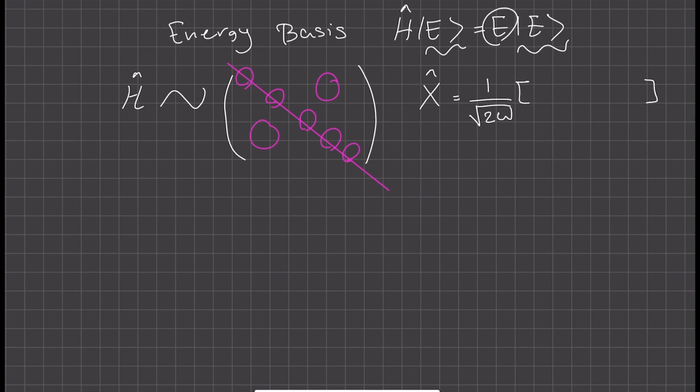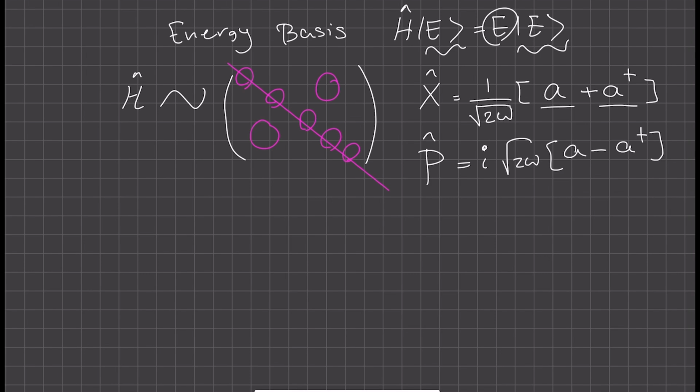The whole important algebra is that we write x as the summation of two operators, a plus a dagger, where the first one, a, is the annihilation operator, and a dagger is the creation operator when acting on a state. And if we define p, the momentum operator, as i times the same factor, where omega is the characteristic frequency of the system, it is the subtraction of a minus a dagger.